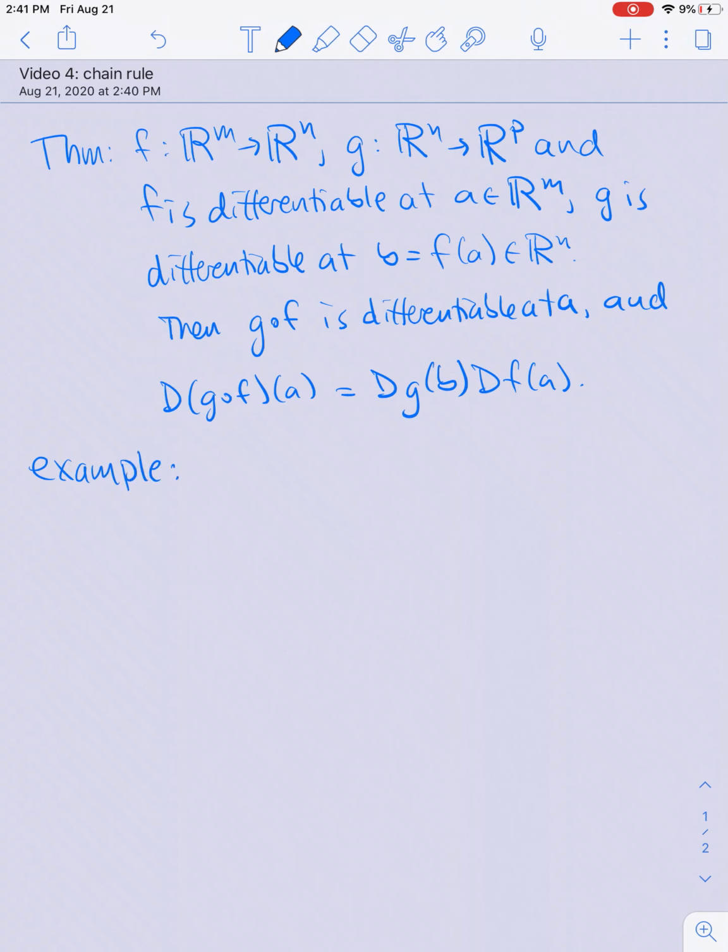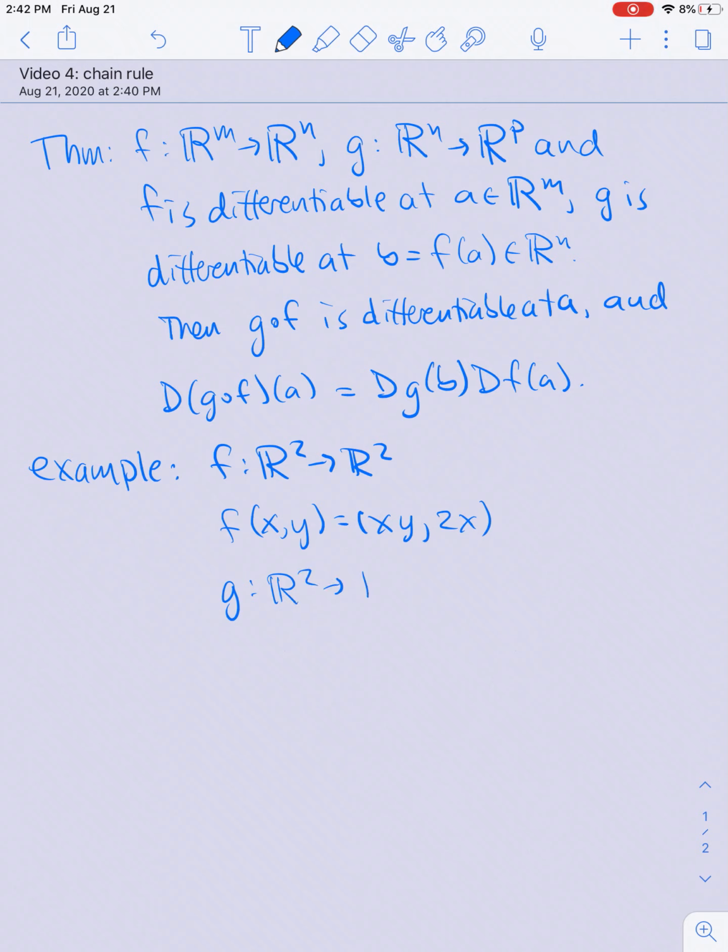So consider the function f from R^2 to R^2 given by f of (x, y) equals (xy, 2x), and the function g from R^2 to R^3, where g of (x, y) is equal to, let's not use x, y for these coordinates.